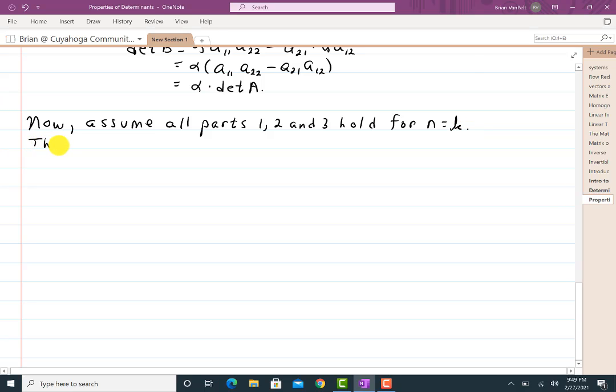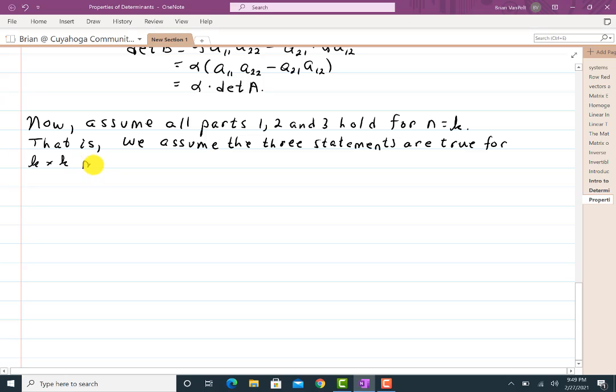That is, we assume the 3 statements are true for k by k matrices.